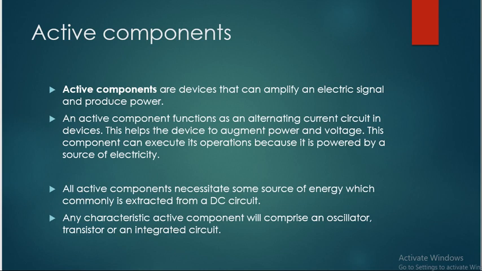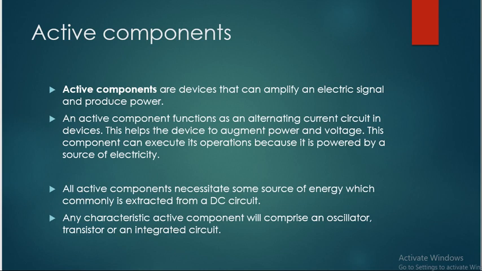All the active components necessitate some source of energy, which is commonly extracted from a DC circuit. Examples of active components are an oscillator, a transistor, or an IC, an integrated circuit.